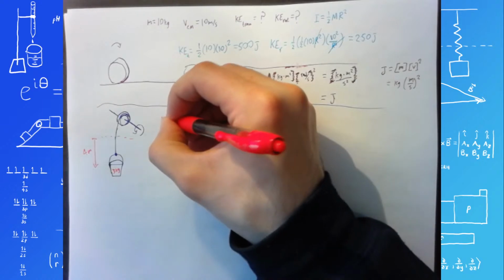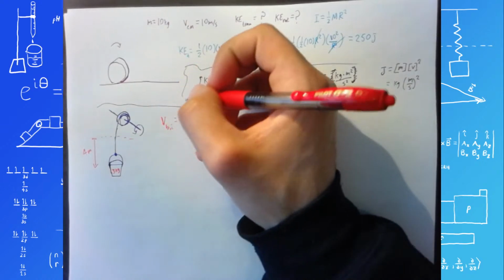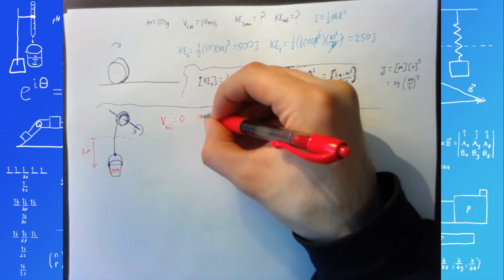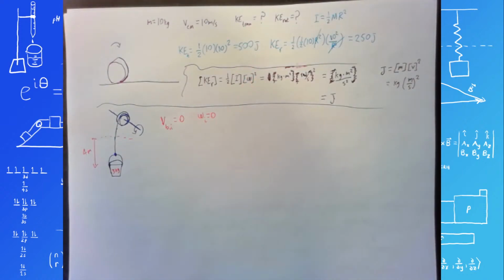V bucket initial, VB initial is equal to 0. And that would also mean that omega initial for the spool is also 0.